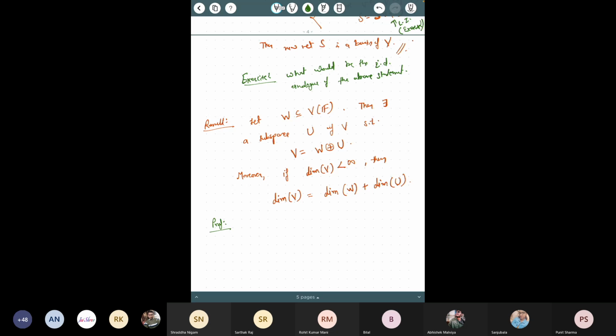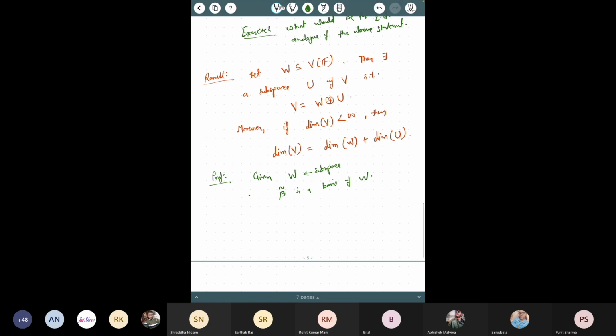So what he is saying is the following. What is given to us? Given is that W is a subspace of V. Therefore we know that there exists, let's say, B tilde, since it's a subspace, a basis of W. Now we know that if W is a subspace and B tilde is a basis, we have already seen one result.